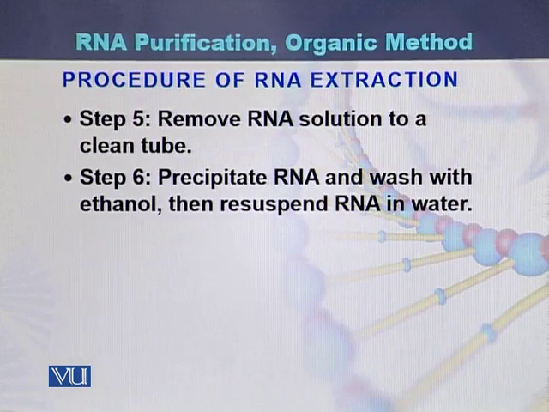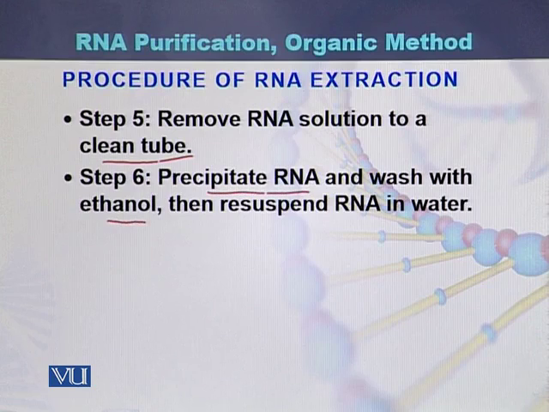At the next step, RNA, which is present in the aqueous phase, the upper phase, is removed to a clean tube, the next tube. Then in the next step, precipitate RNA and wash with ethanol.